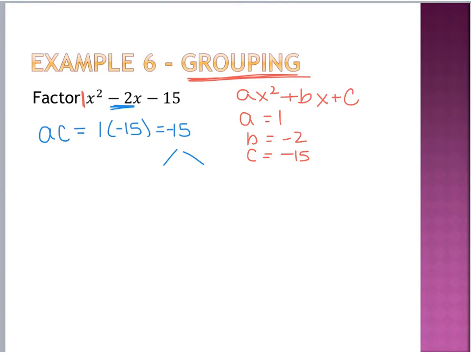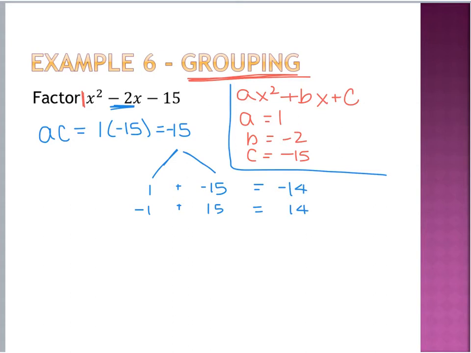Factors of 15 could be a positive 1 and a negative 15. If I add those together, I get negative 14. I could switch that around to a negative 1 and a positive 15, but when I add those, I just get a positive 14. So neither set of those factors is going to work.